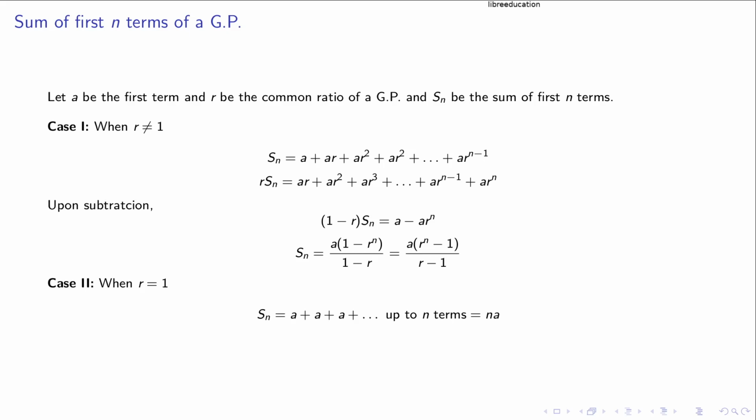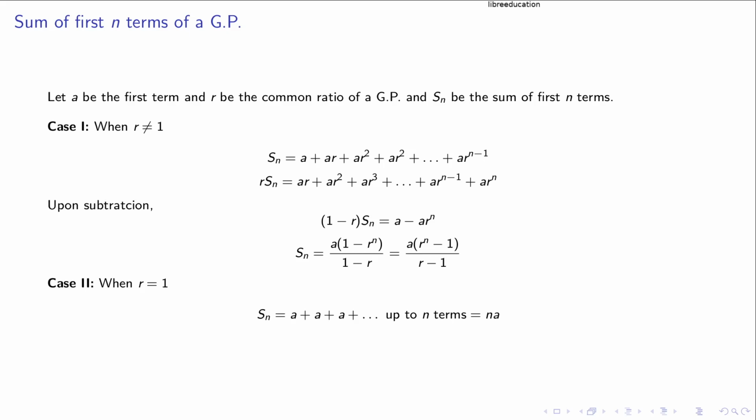So if we subtract this, the left hand side will become 1 minus R into Sn. AR will get cancelled top and bottom, AR square will get cancelled, and up to Tn it will get cancelled for the top series, and for the bottom one it will get cancelled up to Tn minus 1. So up to AR to the power n minus 1 terms will get cancelled, and then we will be left with A minus AR to the power n.